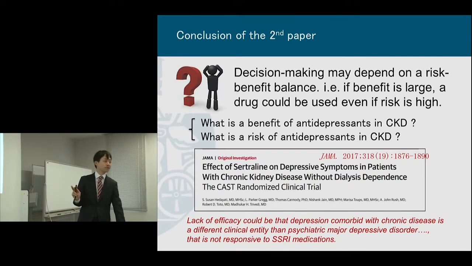And there was no significant benefit of antidepressants, sertraline, in this study population. The authors discussed that the lack of efficacy could be because depression comorbid with chronic kidney disease is a different clinical entity than psychiatric major depressive disorder, and is not responsive to medications. So in total, benefit is not increasing, or rather decreasing, in patients with CKD, and risk is increasing in patients with lower kidney function.